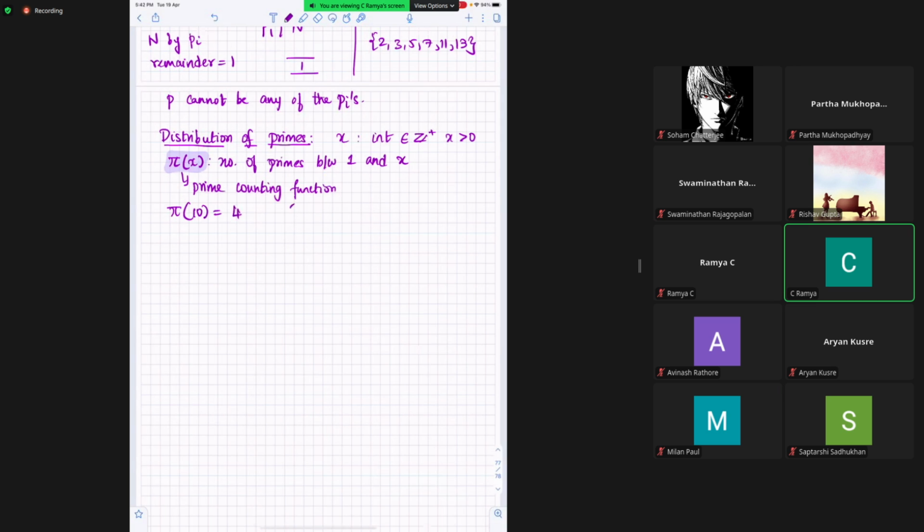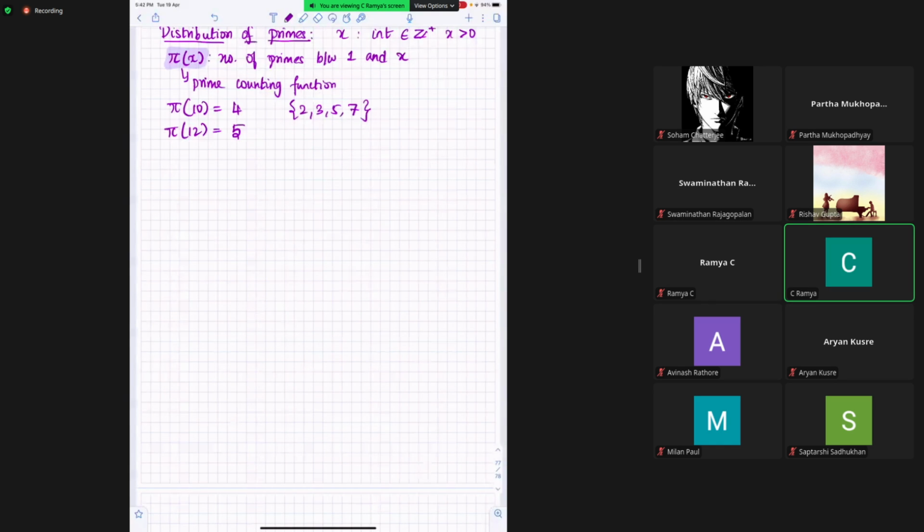You know, 2, 3, 5, 7. These are the primes less than 10. Similarly, for pi of 12, then 11 will also come into the picture, and it is 5. Since we know that there are infinitely many primes, what can we say about pi of x as x tends to infinity? It goes to infinity.